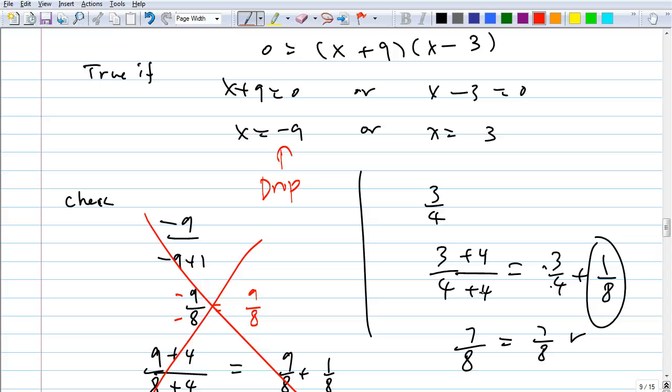How do I get 3/4? That's a very good question. How do I get 3/4, guys? Yeah, added 1. Remember, our original fraction was x over x plus 1. So that's how we knew, if my numerator is 3, you automatically know your denominator. It's 1 more than the numerator.